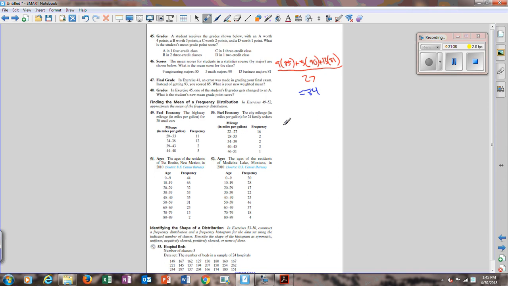So you do 16 times 24.5 plus then your midpoint of the next one. It's going to be 30.5. Multiply that by 2.